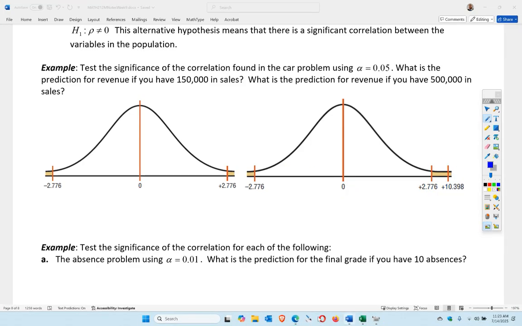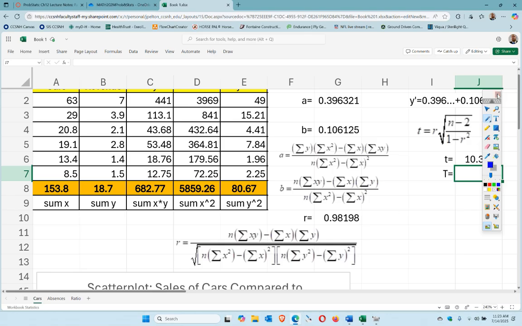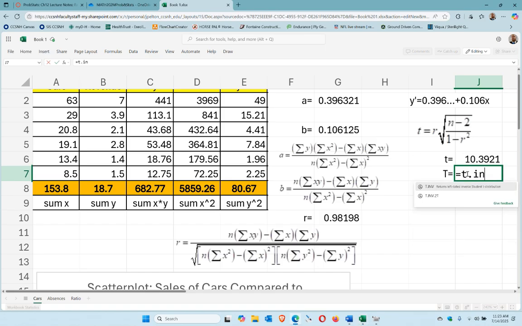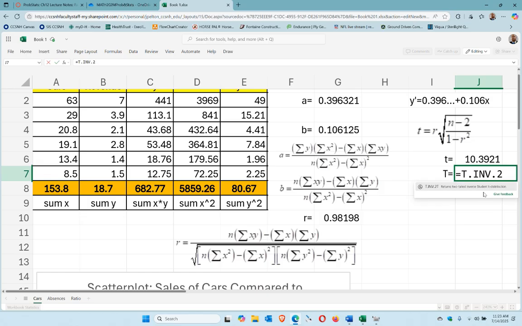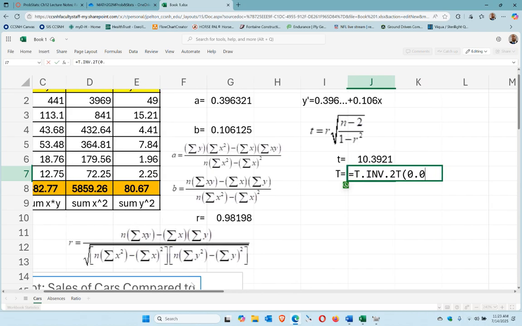Okay, so I'm going to go back to our spreadsheet, and we're going to do equals. Actually, if I just start typing, it'll give me the options. So T.INV, oh, there it is, it pops up right away. So I want to click on that, and then put in the 0.05, which means it's going to put 0.025 on either end.